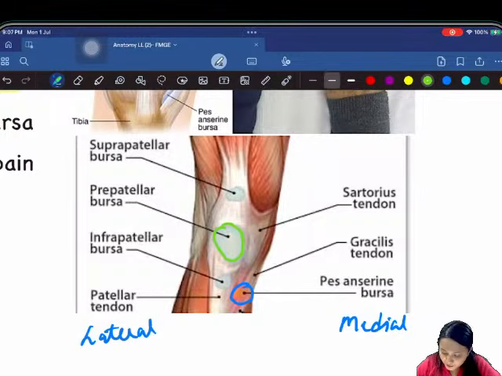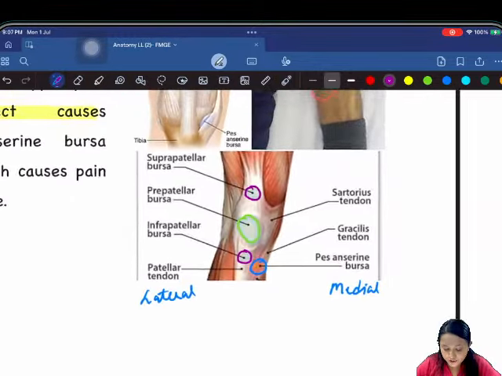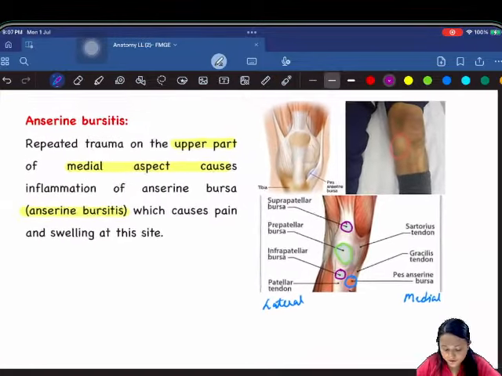If you have a bursa above the patella, that is the suprapatellar bursa, and below the patella you have the infrapatellar bursa. So above the patella is suprapatellar, below the patella is infrapatellar, in front of the patella is prepatellar, and on the medial aspect you have the pes anserine bursa. For now, try to remember all these bursas. We'll study them again in the last 2-3 slides.